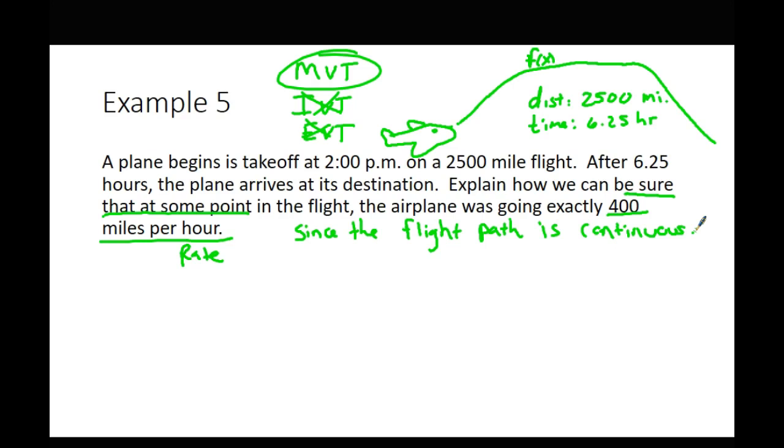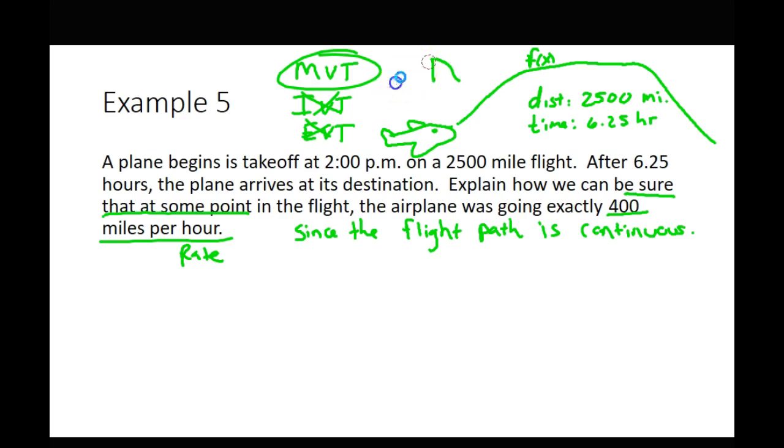And it's also differentiable. Now that one's a little bit harder to see, but let me explain why. There are two things that would cause something to not be differentiable. One is that it's not continuous, and we've already established that it is continuous. The other one is a cusp. At no point in a flight is an airplane going to suddenly just drop down. Even if it crashed, ran out of gas or had a malfunction, it's going to smoothly drop down. So you're not going to have a cusp.